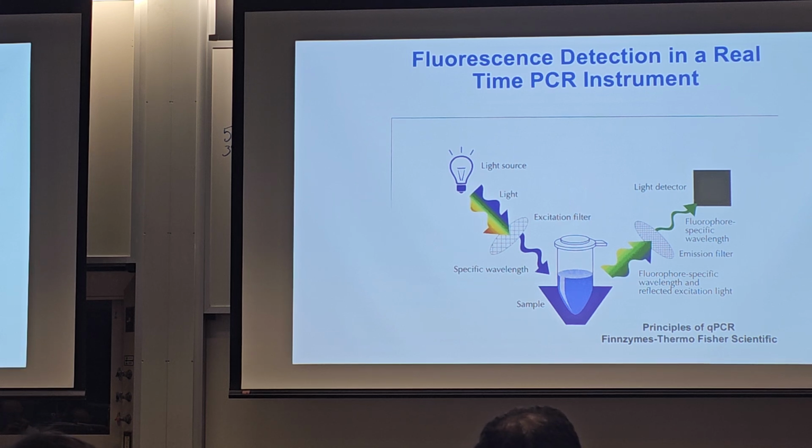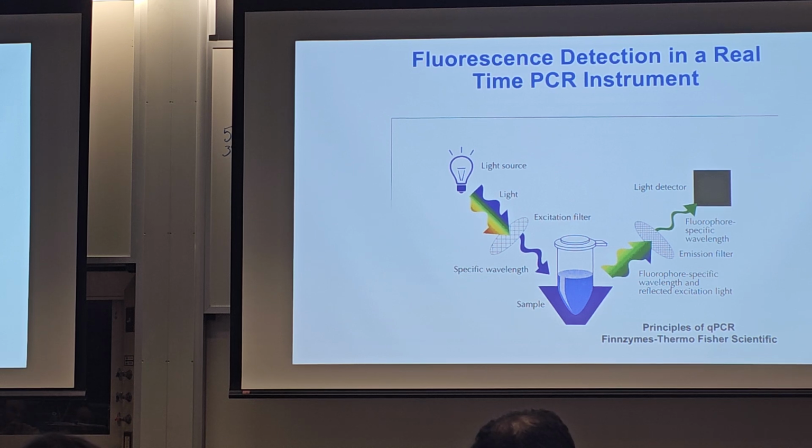Now this is a tube, but what we're going to do is load all your samples into a 96 well plate, and in the 96 well plate, your samples will be arrayed, and we'll know which sample is in which well, and these instruments shine this specific wavelength of light onto each specific well of the 96 well plate.